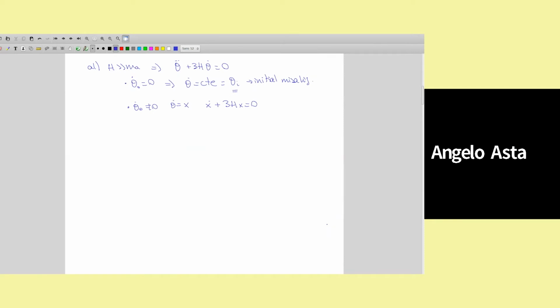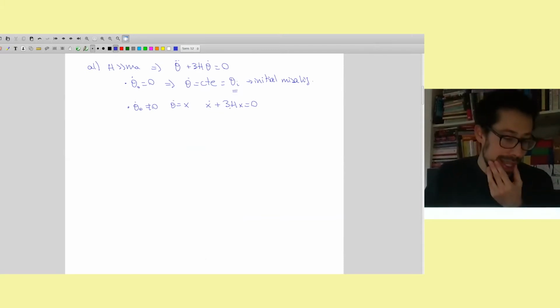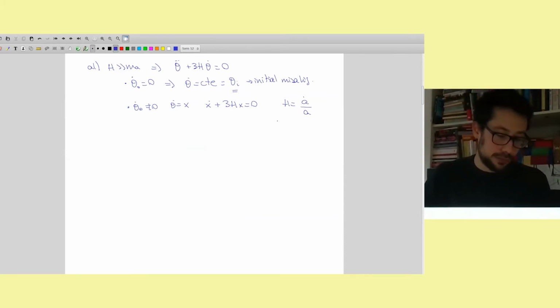Okay, so we learned that if we start with zero velocity, then the axion will be completely frozen at a given value. Now, if we start with some axion velocity, we turn it into this differential equation. Taking into account that H equals a dot over a, we can easily see that this turns into dx over x equals minus 3H dt.